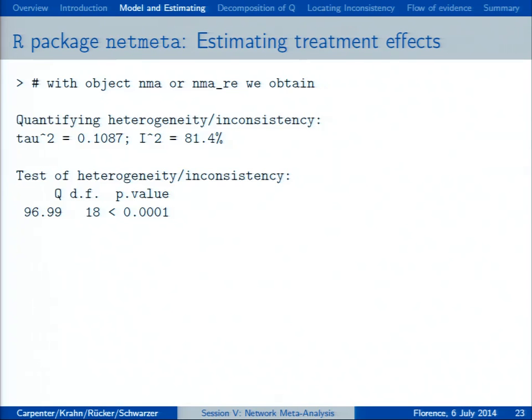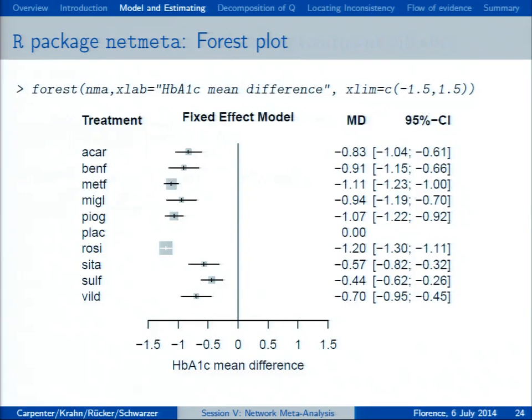A further part of the output is the estimated tau square in the random effects model, as well as the calculated I square. So we can see here a large amount of heterogeneity, and we also have a test of heterogeneity and inconsistency of the whole network with a p-value smaller than 0.0001. So we can see a large amount of heterogeneity in this example.